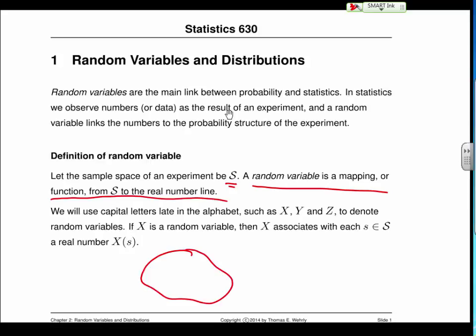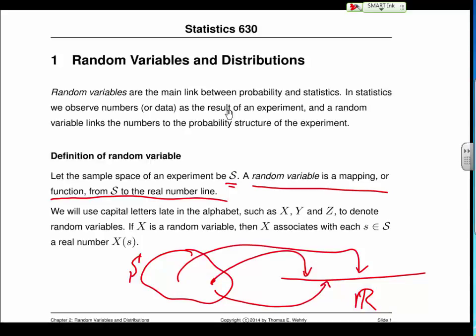So if this is our sample space, and this is the real line, for each point in the sample space, a random variable just gives us a real number. So if this is S1, S2, S3, then this point would be X of S1, X of S2.